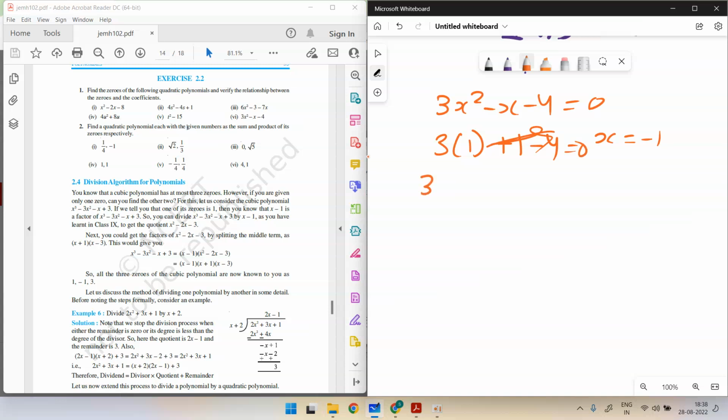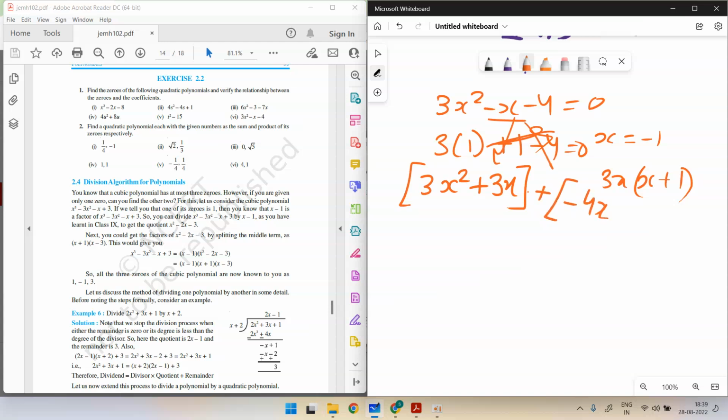So 3x squared minus x minus 4: x plus 1 is a factor, you multiply with 3x, this gives 3x squared plus 3x, and the remaining is minus 4x minus 4.